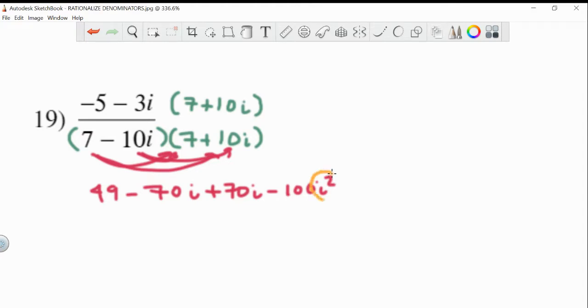We're loving it. i squared, minus 70 plus 70, 49 plus 100. Beautiful, right? Chef's kiss.